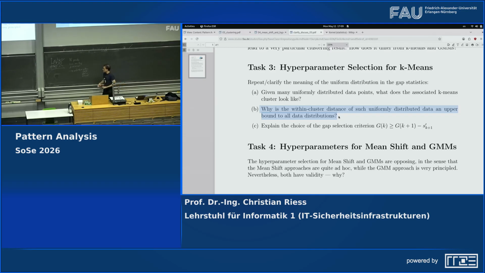But how could one argue that such a uniform distribution maximizes the within cluster distance? If it were our task to convince someone that this is truly the case, how could we develop such an argument?